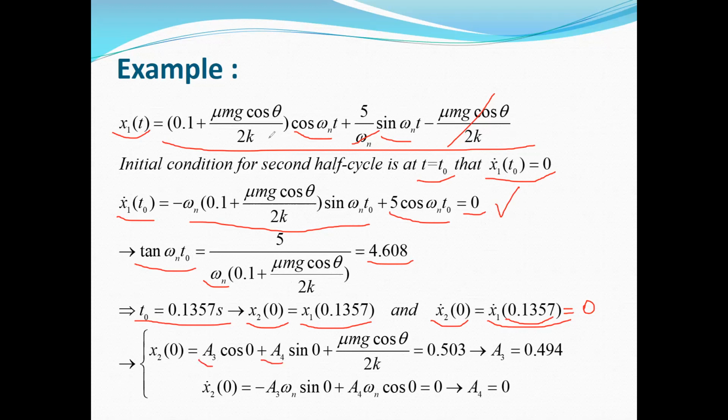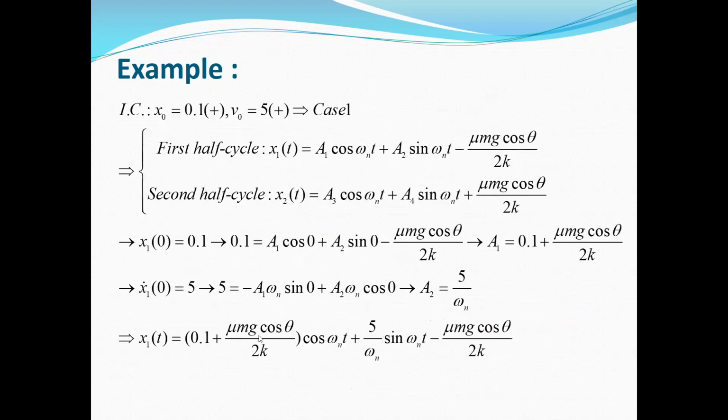So in the second equation, here in the previous slide, we have the solution for x2. This is the x2, and now you can use the initial conditions to obtain A3 and A4.